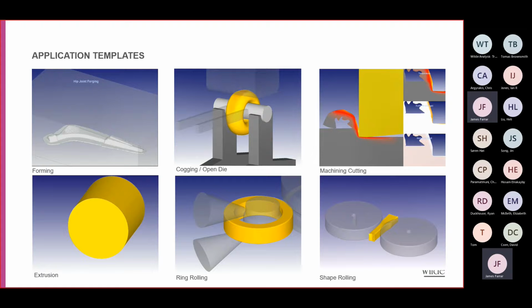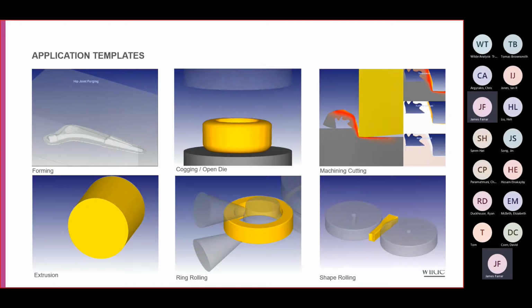So this would perhaps be developing a preform for a ring rolling application. You go through many operations to this. So we can use the open die or cogging module to set up a sequence of perhaps hundreds of operations and combine these into a full process.